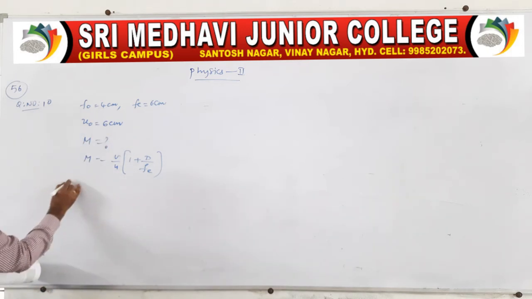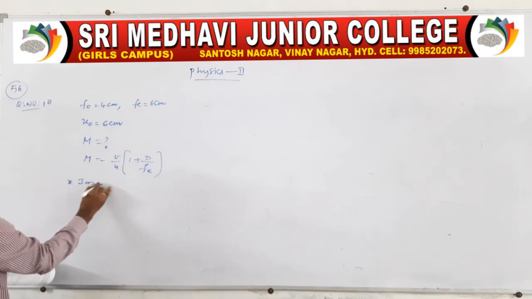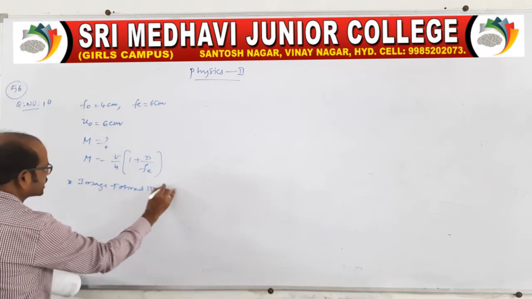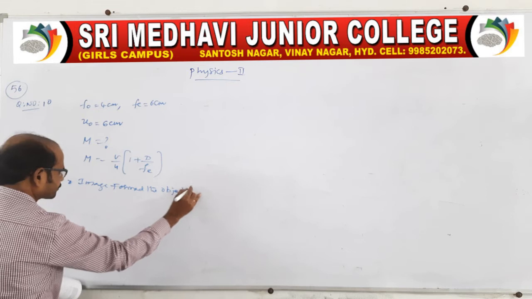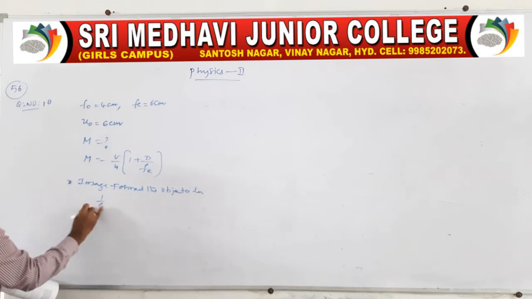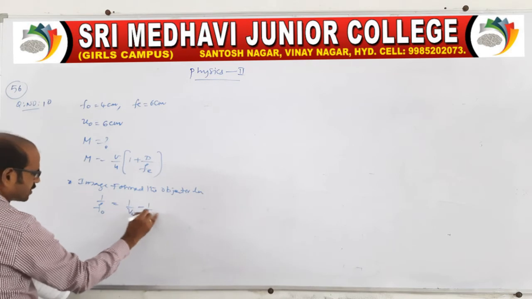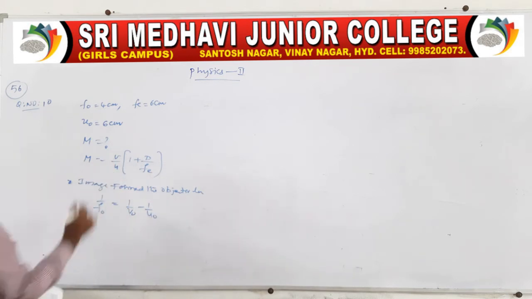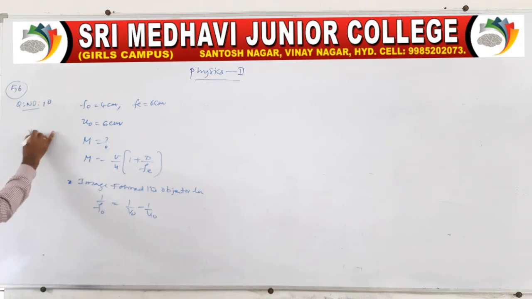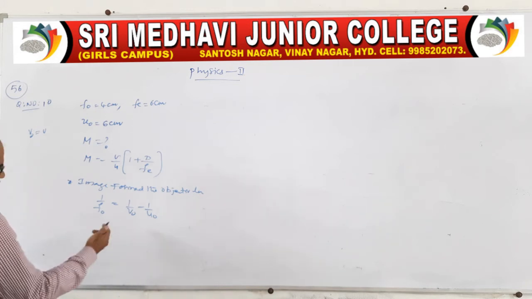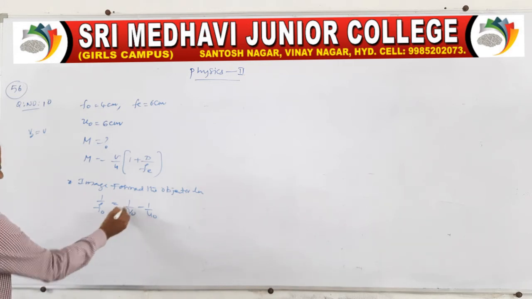Again you take the same, because for the image formed by the objective lens we can say 1 by f naught is equal to 1 by v naught minus 1 by u naught, because we should get v naught.